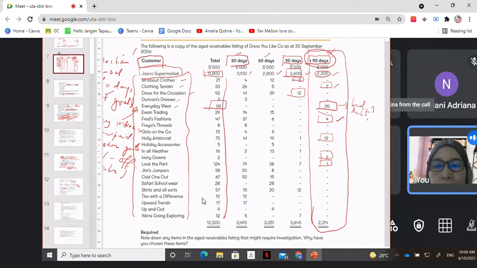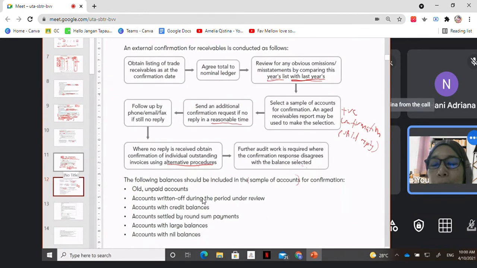But if let's say the company have 100 account receivable, then you're not able to send to all, so you just pick up the sample. So this one you have to plus with knowledge on audit sampling.